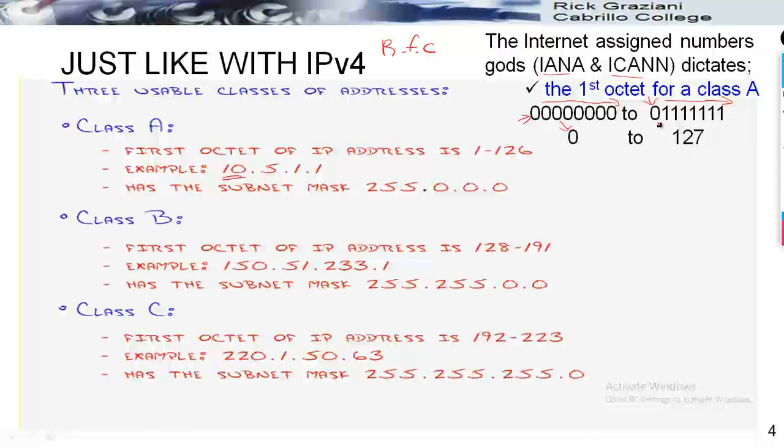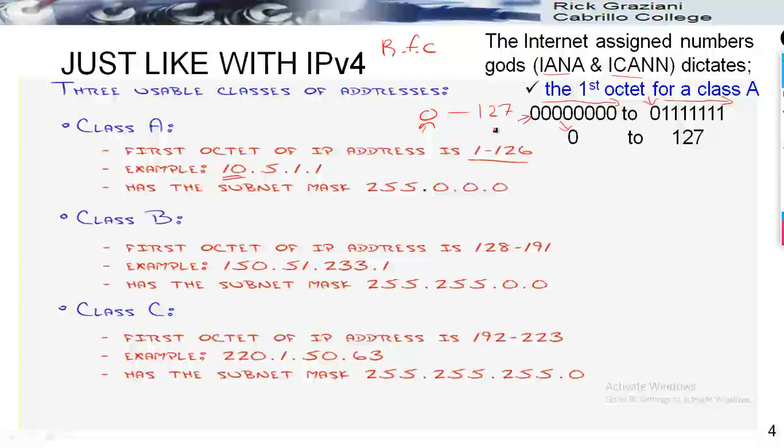You can go to the calculator, do 0, then seven ones, convert, and you'll see 127. But the usable IP address is the reason why I have this one here, and it might confuse you a bit. Officially, a class A is from 0 to 127. But we can't use 0.